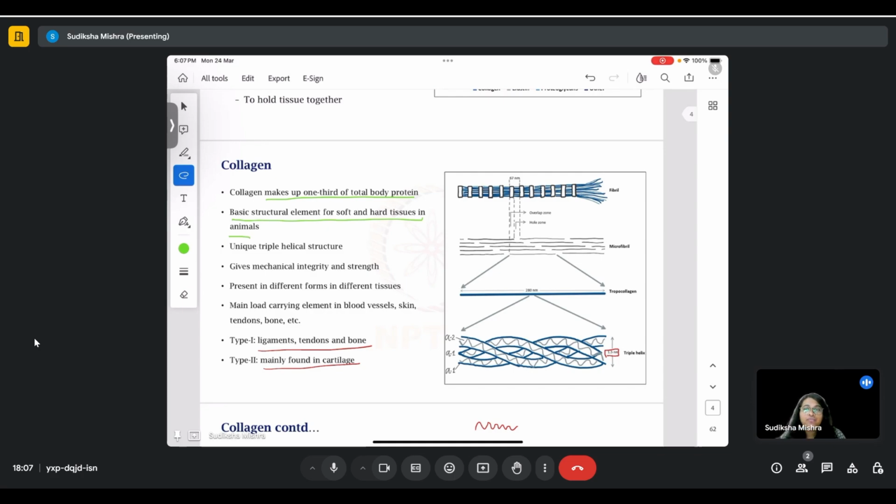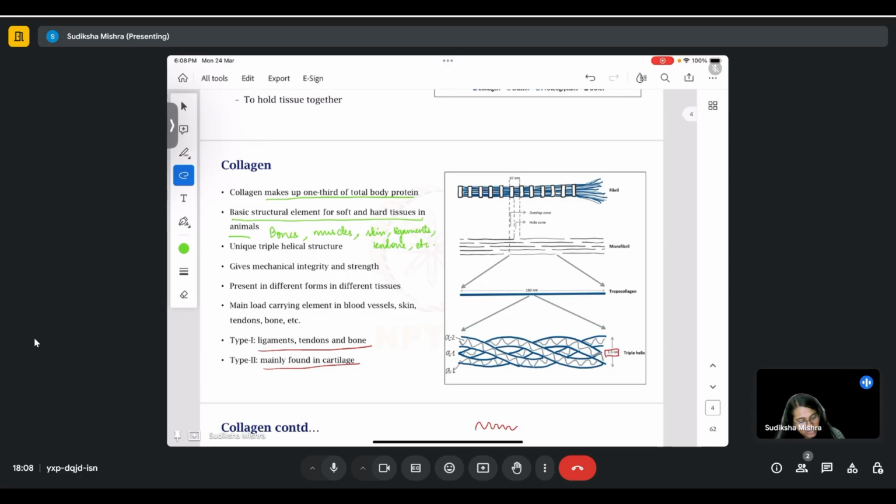This is not only true for humans, this is also true for other animals, and they are present in bones, muscles, even skin, ligaments, tendons. This is just a short list. They are also present in other portions of the human body, but this is the majority of what makes up the collagen bulk in a human body.